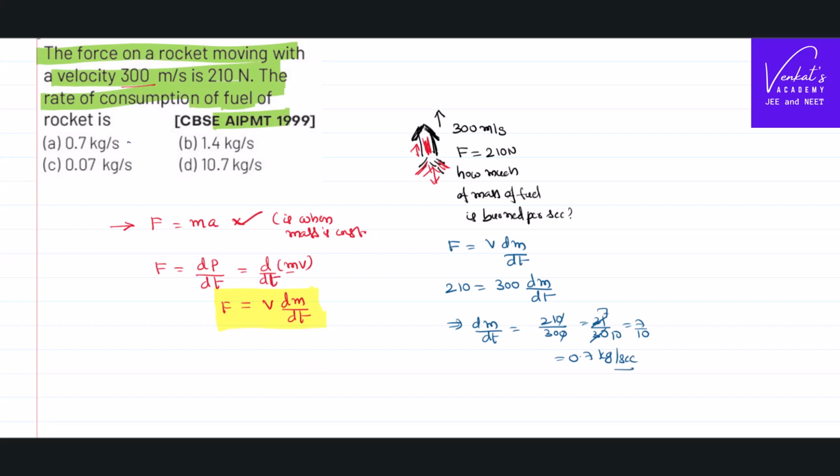That means this rocket burns this much mass, 0.7 kilograms per second, so that it's able to move up with a velocity 300 meter per second. Usually this rocket has to move with a much higher velocity so that it will burn much more mass per second. That's how we have to solve the problem.